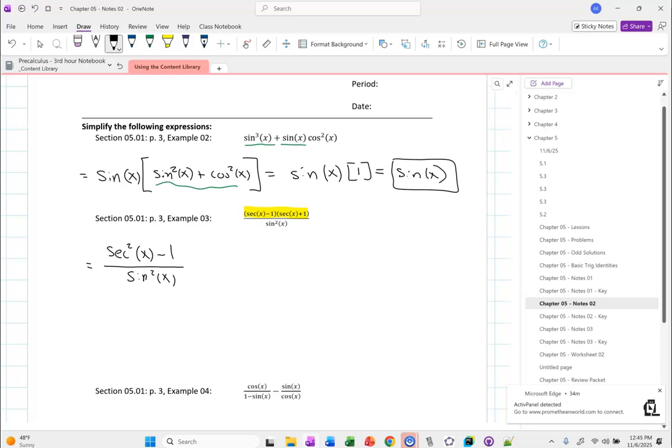Yeah, so P3 is the one you want because it involves a secant squared. What does P3 say secant squared is equal to? Tan squared plus 1. So I'll replace the secant squared with tan squared plus 1, and everything else stays the same.